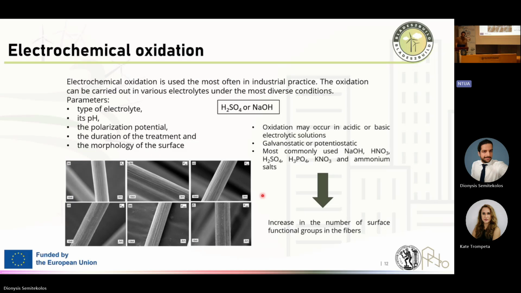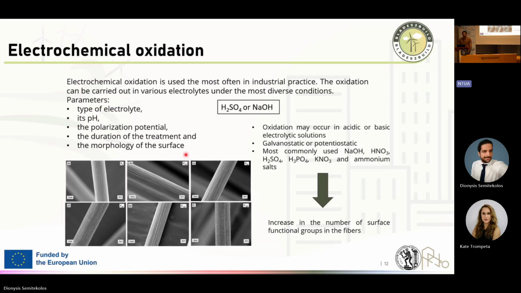Okay, some of the parameters, of course, that we need to fine-tune are the type of the electrolyte, the solution, the polarization potential, and of course the duration of the treatment. These all will affect the morphology of the surface. And for example, here we have to be very careful not to overdo it because we will damage the fiber. It's a common issue in electrochemical oxidation because we don't only apply the oxidative medium, but we also have the potential that we apply.